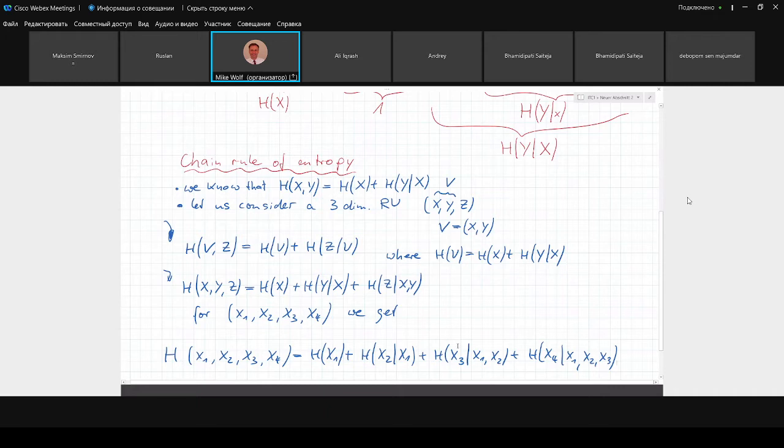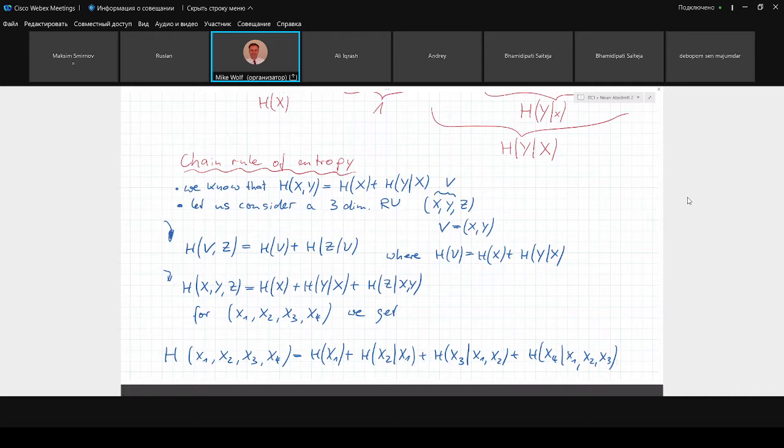But then x3 only depends on x2 and not on x1, because the memory is only the past, one previous symbol, plus h of x4 given x3. So the memory is only one. Sometimes scientists say if the memory is larger, then it's a Markov source of higher order. Sometimes this is used. Okay.